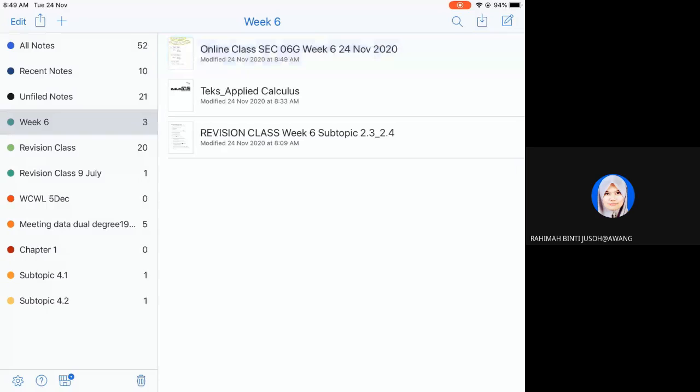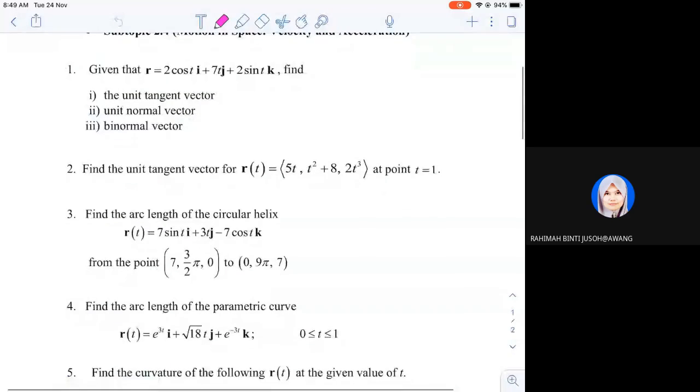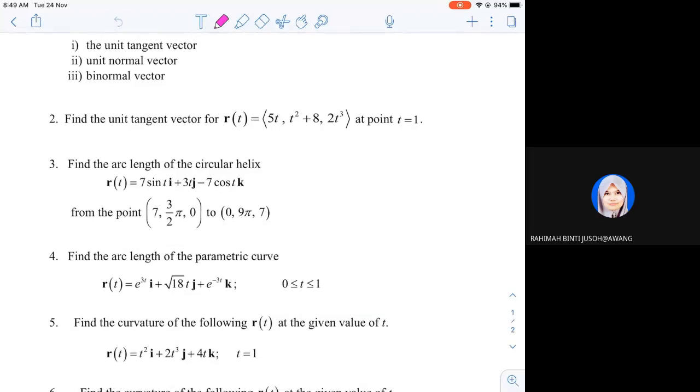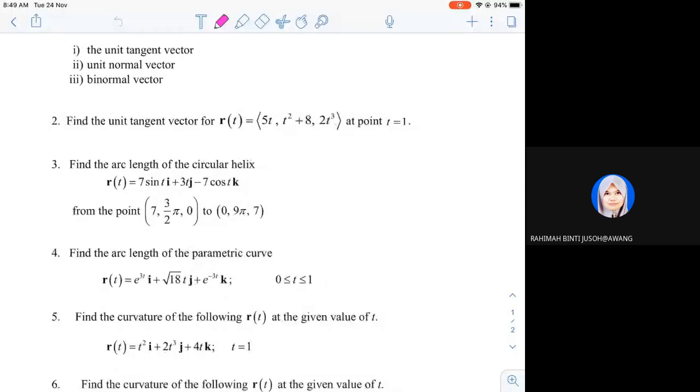Next, look at the next question. Okay, for question number 2, unit tangent vector. The question asks you to find the unit tangent vector. So what you should do first, guys, for question number 2? Derivative of r. Yes, we have to find r prime.